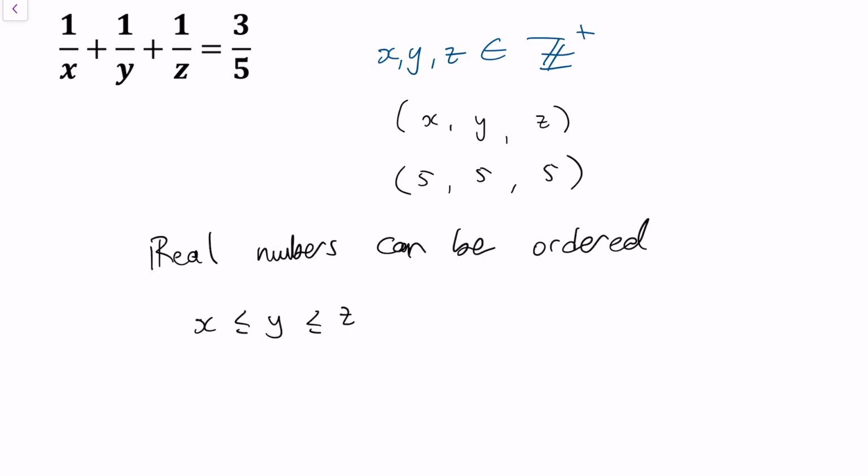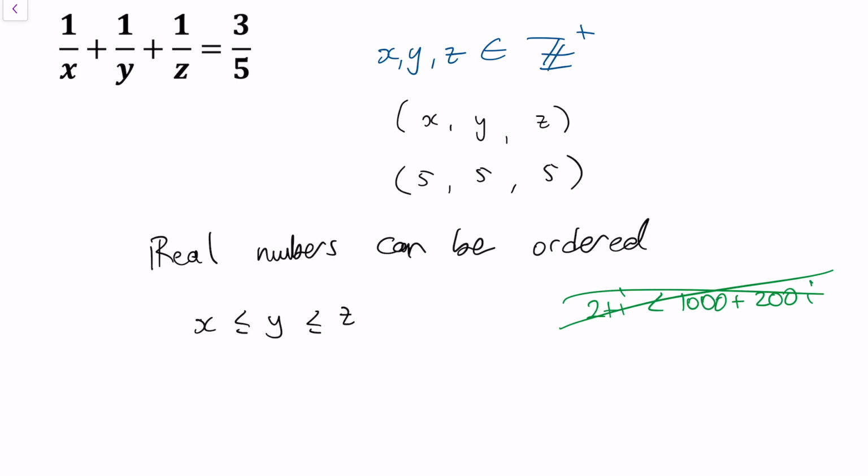So we've ordered them. Notice that we couldn't do this if, of course, x, y, z were complex numbers. As you'd agree, 2 plus i is less than 1000 plus 200i would be a meaningless statement unless we're considering the magnitudes, right? So with real numbers, we can order them.